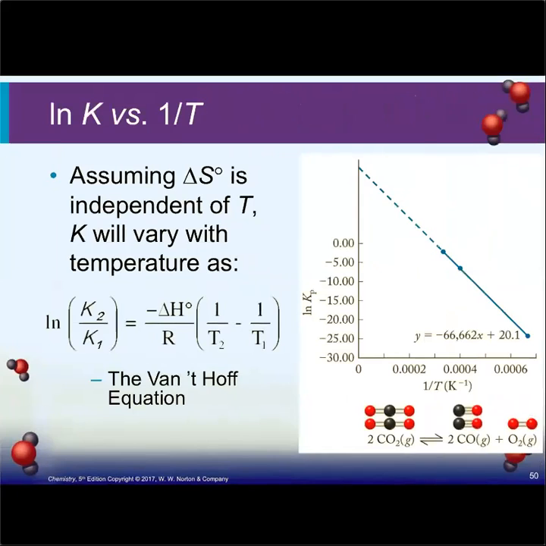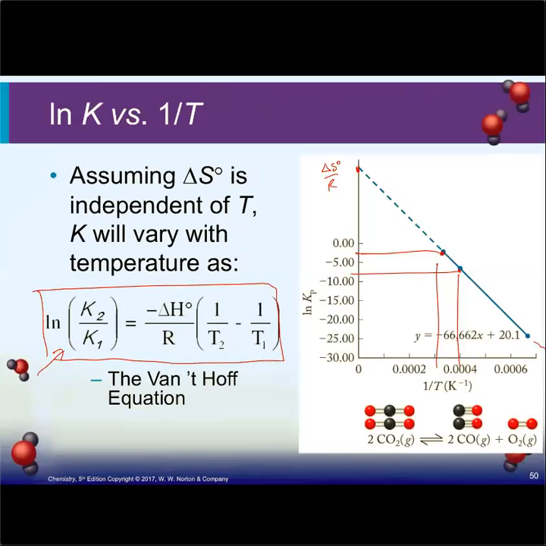There's another way of doing it. This is a linear relationship, so in a perfect world, if I take only two temperatures and calculate what the Ks are at these two temperatures, then I can get an equation of a line, where the y-intercept is going to be delta S naught over R, and the slope is going to be the delta H over R. Or I can actually use this equation here, which is derived from the equation of the line anyways.